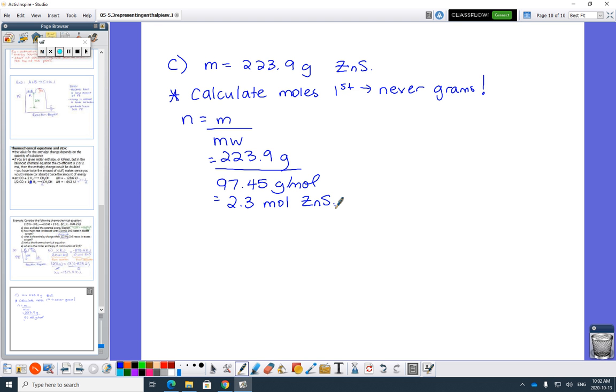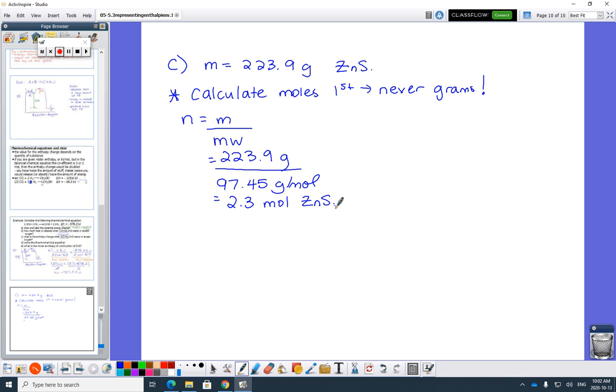I'm just going to write moles ZnS again to emphasize I am obsessed with zinc sulfide. That's what's in the question. But now we're going to do the same thing. How much energy when you have 2.3 moles? What do we have in the question?